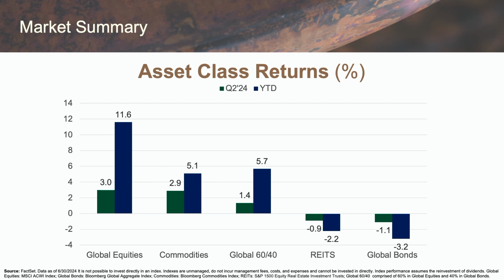But you can also see, if the green is the second quarter and the blue is the year to date, that the year to date is much higher than, let's say, last quarter, which tells you what? Says that the first quarter was a pretty strong quarter and it kind of slowed down in the second quarter. But all in all, so far year to date, doing quite well.